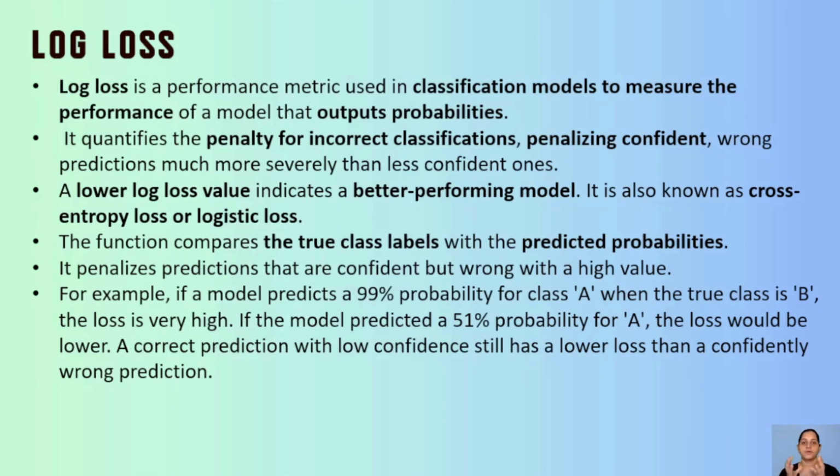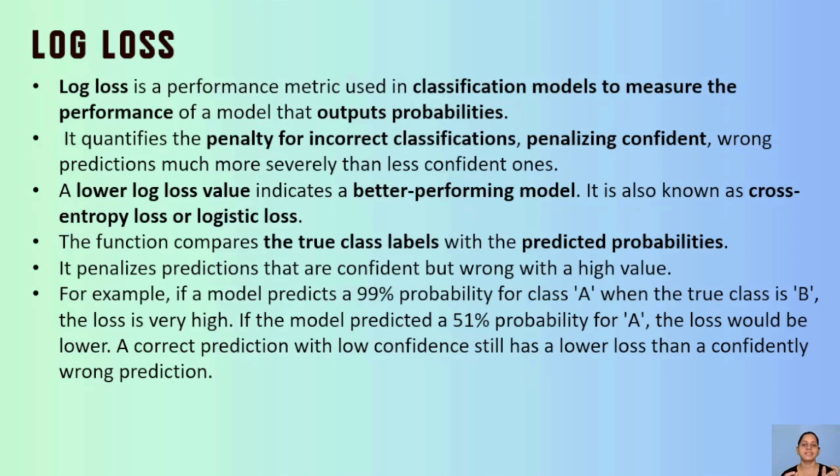In a real scenario, wrong predictions are going to be very severely affected compared with less confident ones, right? So it is going to penalize the confidence percentage of your model. And a lower log loss indicates a better performing model.